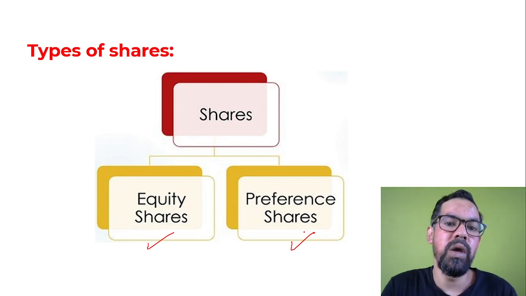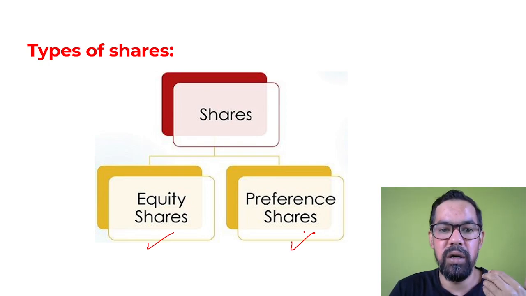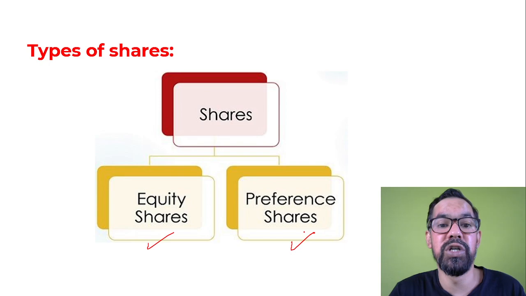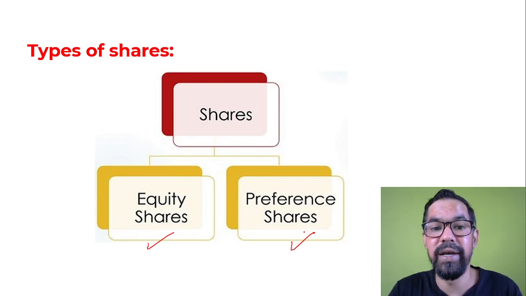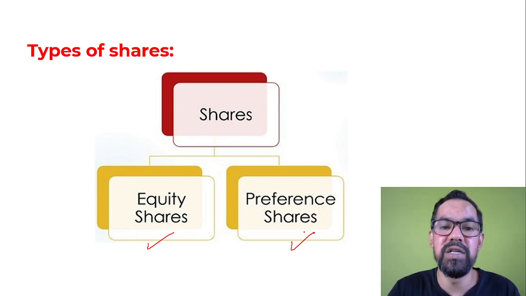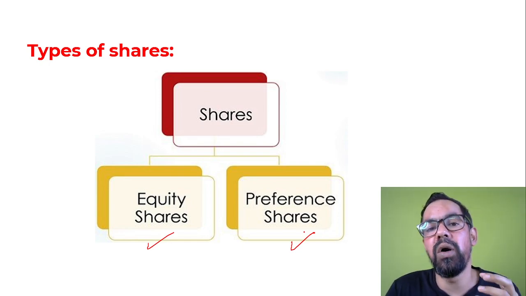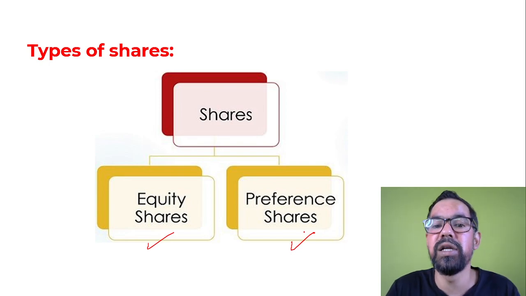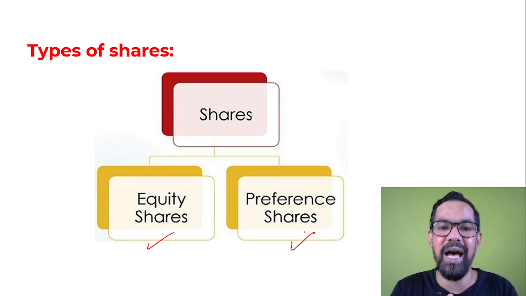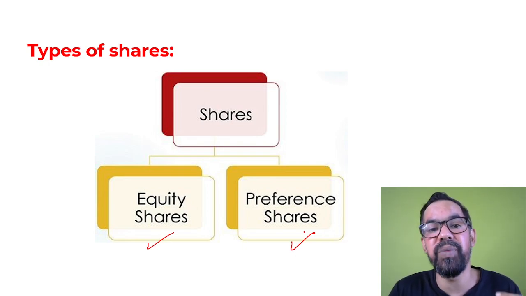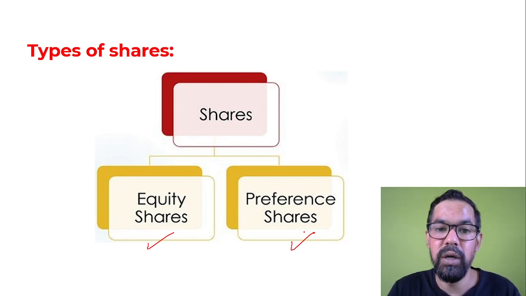Let's say you buy any company's shares on the stock exchange or in the secondary market, like TCS shares, Infosys shares, HCL shares, or any other company like Tata Motors. These shares are generally ordinary shares, known as equity shares. They carry a right called the right to vote, so you can attend the AGM meetings of these companies.